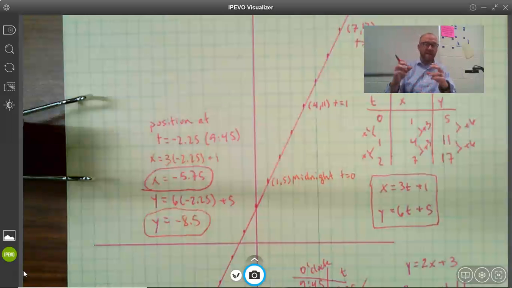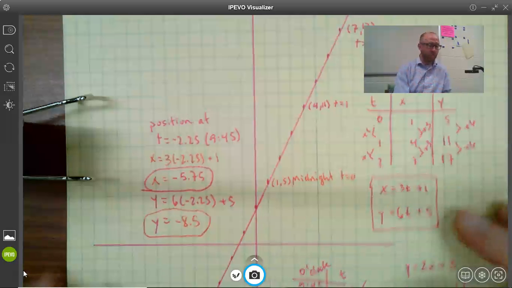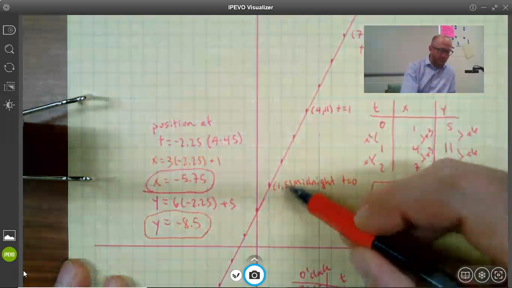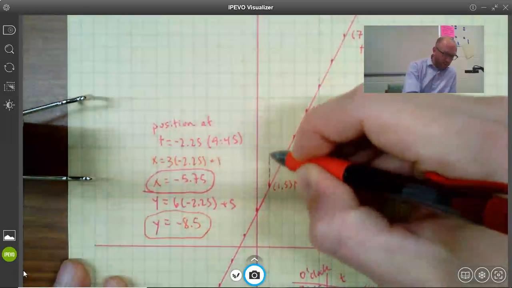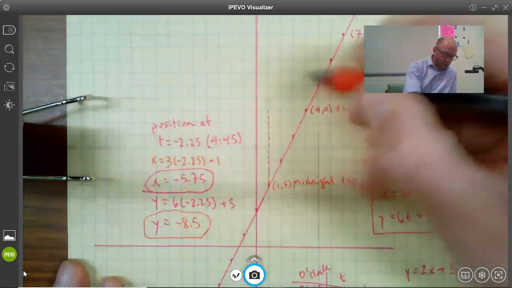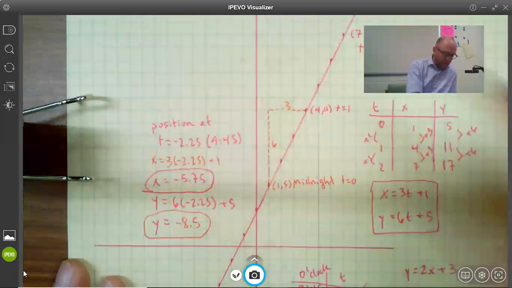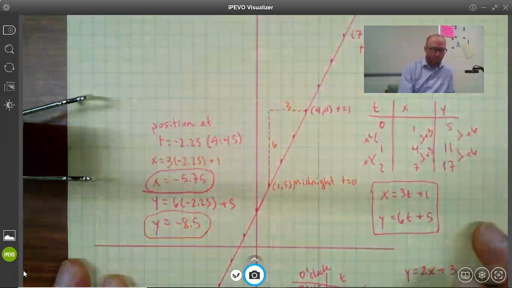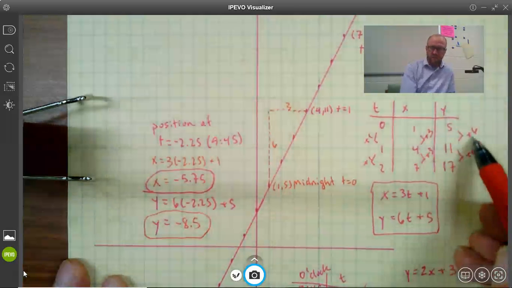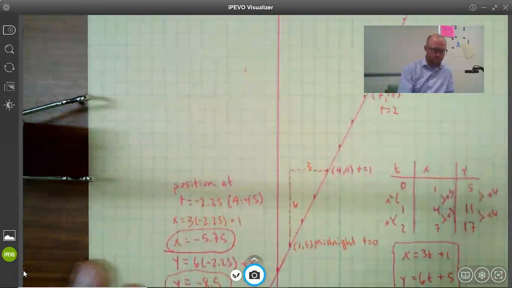That distance in 1 hour is our rate. Here we have (1, 5) and (4, 11). I can draw my triangle here, with legs 6 and 3.